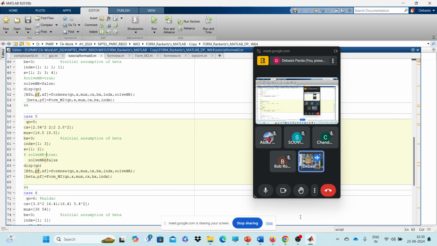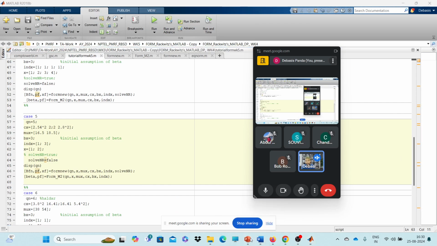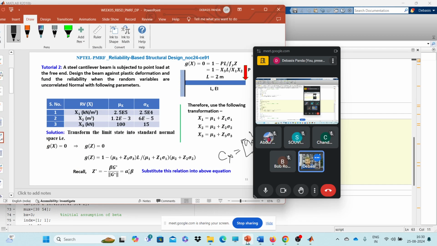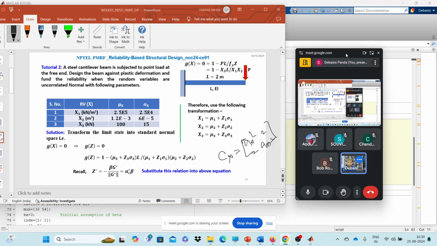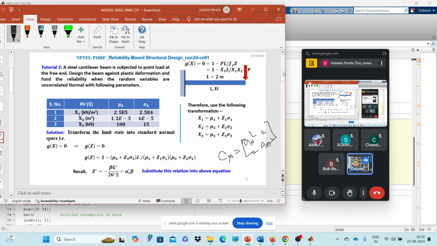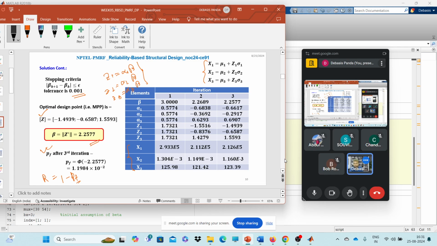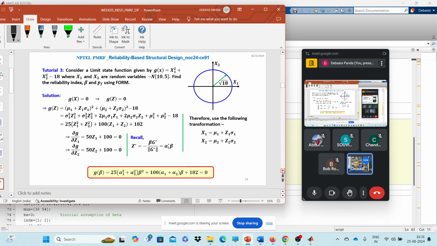Now we can solve different kinds of problems. I have added a few more problems, but let's go to our famous circle problem. Where is that circle problem? Yes. Now let's solve it using the Rackwitz and Rackwitz-Fiessler algorithms. We have gx here in this form.